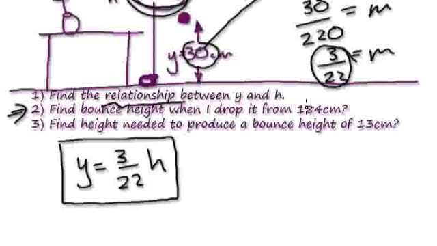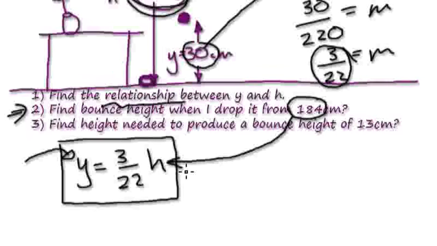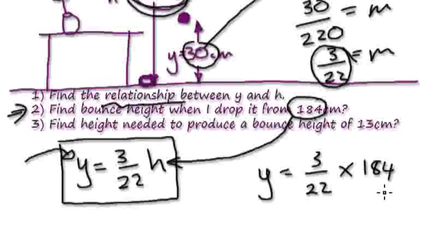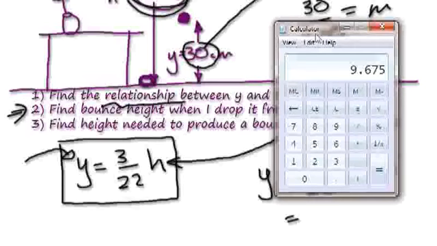Find the bounce height when I drop it from a height of this. So remember, y is your bounce height. So now you've got to put 184 into the h here. So it would be y equals 3 over 22 times 184. Calculator, hang on.